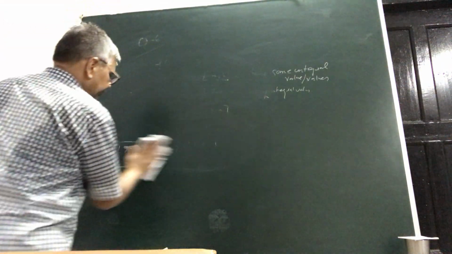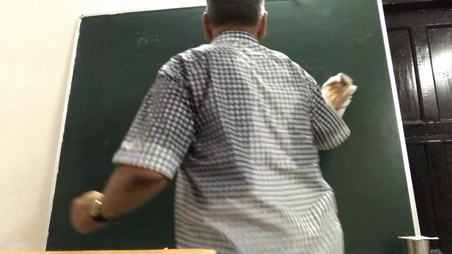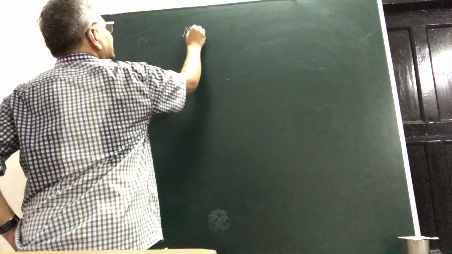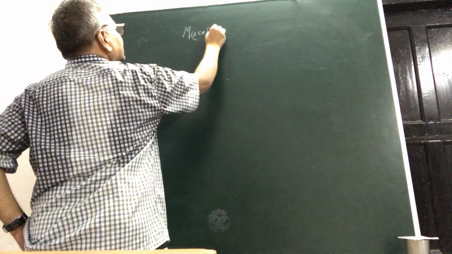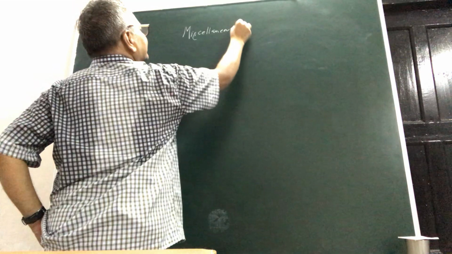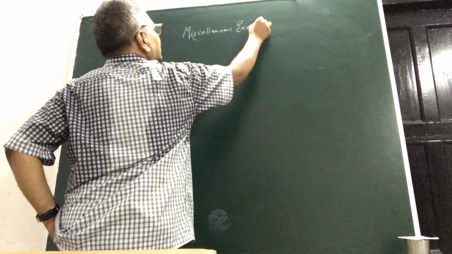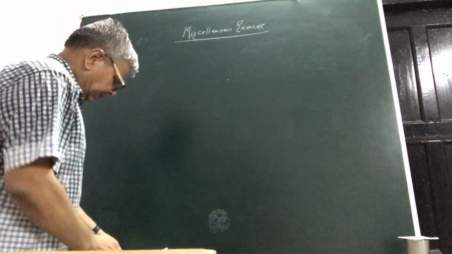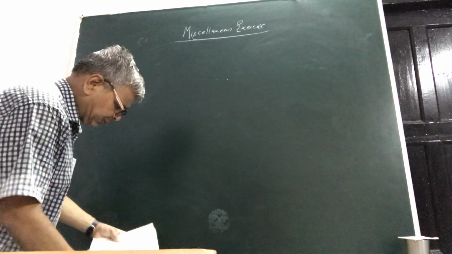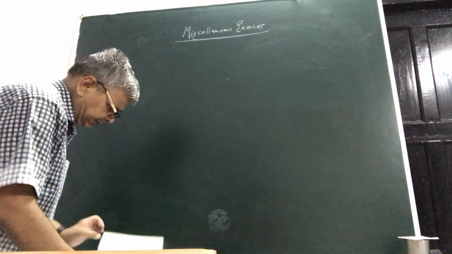And now we proceed to this last miscellaneous exercise, which contains a few good questions, and all these methods which you have learned till now in this chapter will be covered therein. So now we take up our miscellaneous exercise. I take up questions therein because we will be quick enough to finish it.